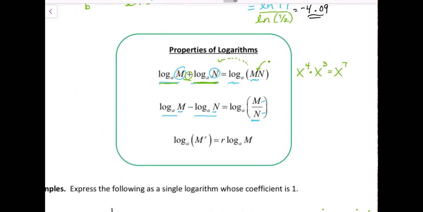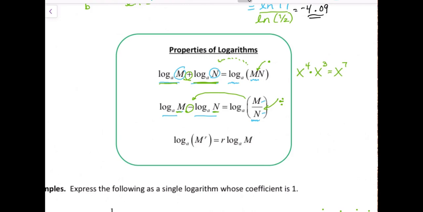And if I look at the property from right to left, it's showing me how I can split an argument in a logarithm at a division sign by writing it as the difference of two logarithms, where the numerator is my first log and the denominator is in my second log.